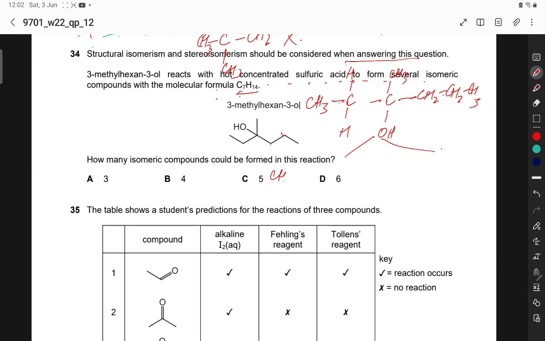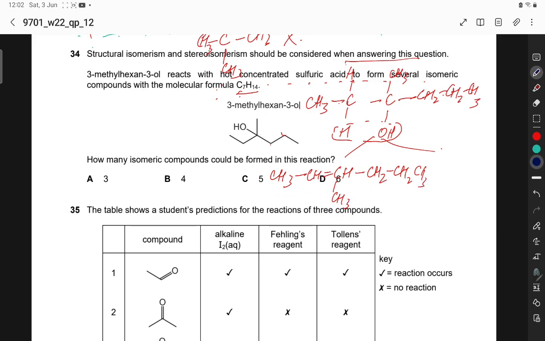This is CH3. One is this compound, CH double bond CH3 and CH2CH2CH3.